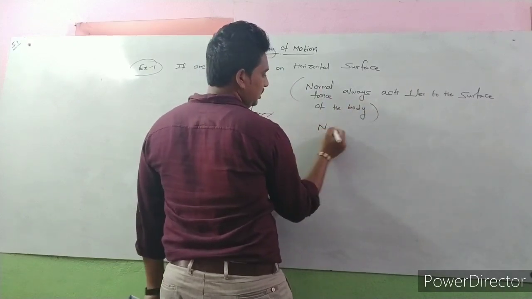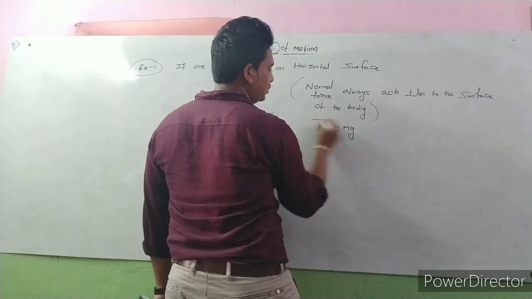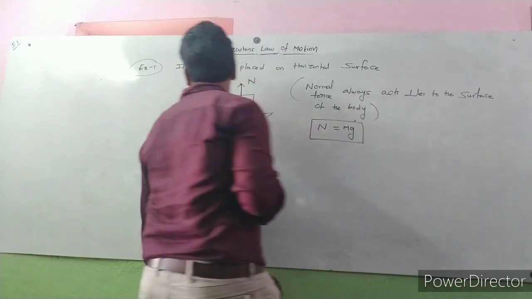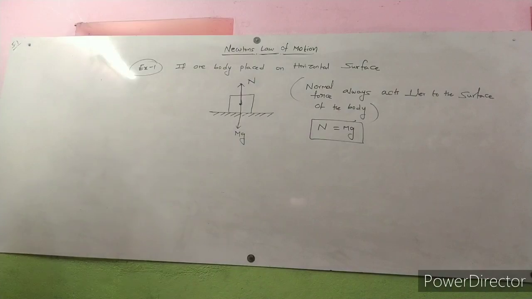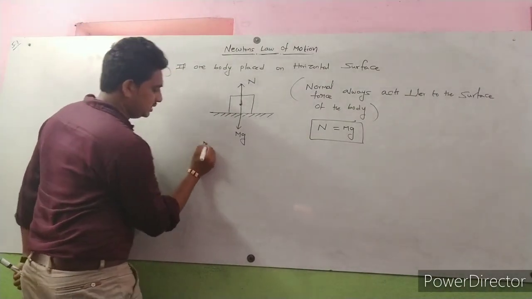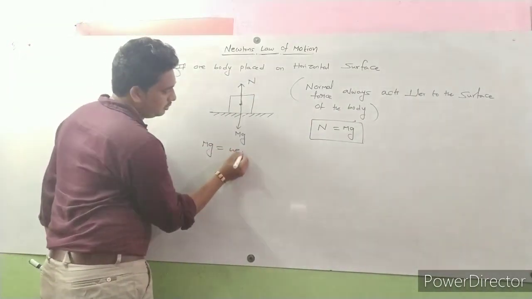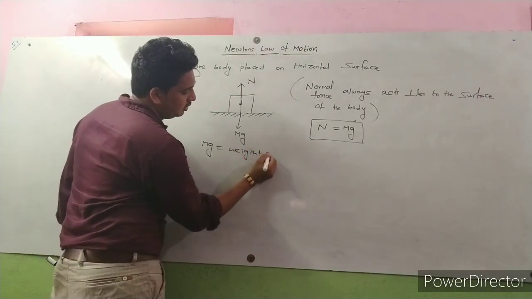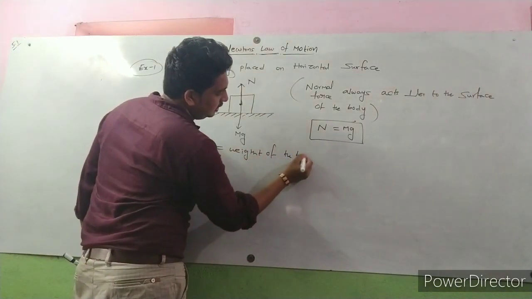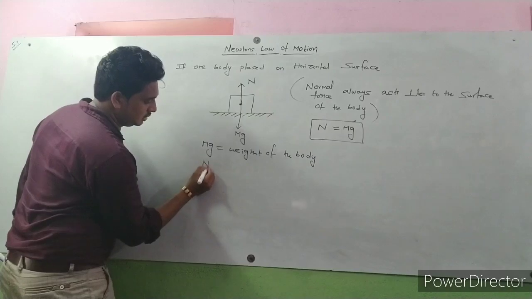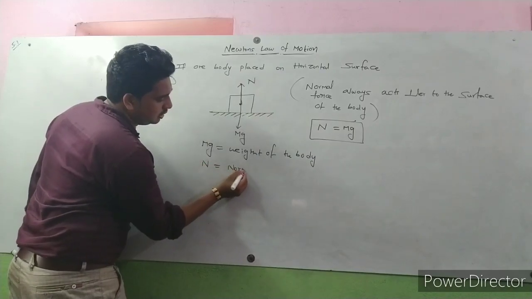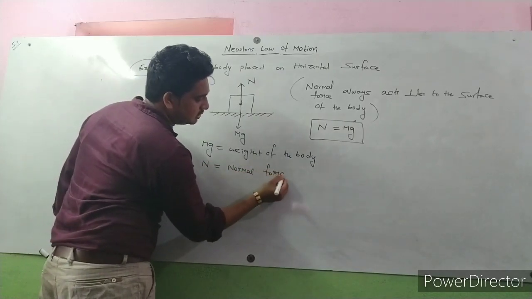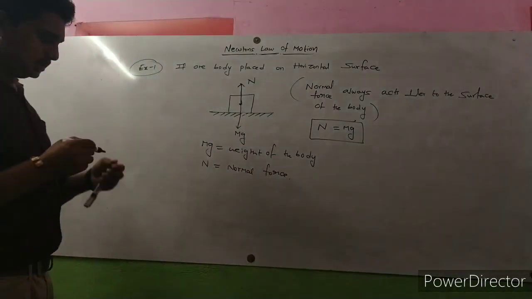From this diagram, normal force N is equal to mg. Here mg means the weight of the body, and N means normal force.